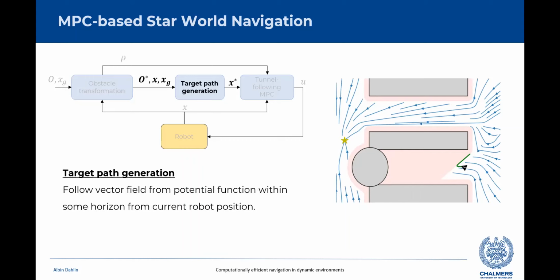And we follow some steps along this from the current robot position to generate a target path. And the length of this path corresponds to the maximal achievable movement by the robot in the MPC horizon, to get along enough distance.